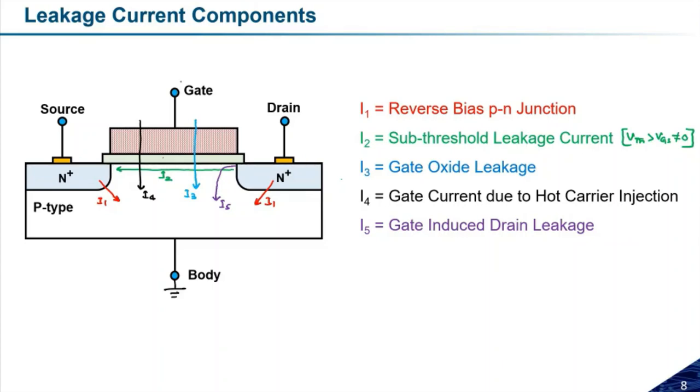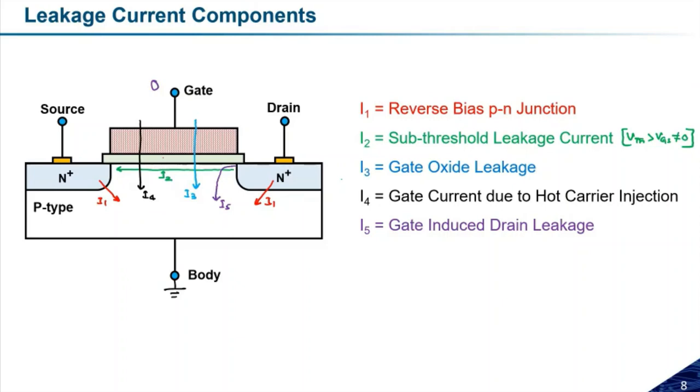So if the gate voltage is largely negative rather than zero, some of the minority charge carriers from this channel can start flowing between the channel and this bulk, the substrate, and because of that there may be current flow.